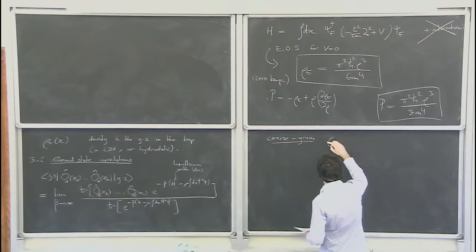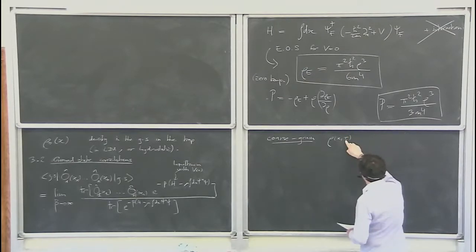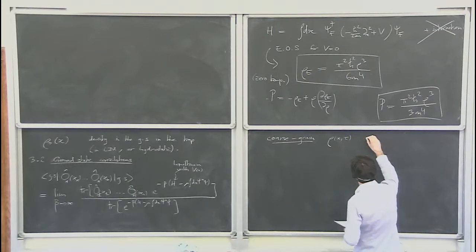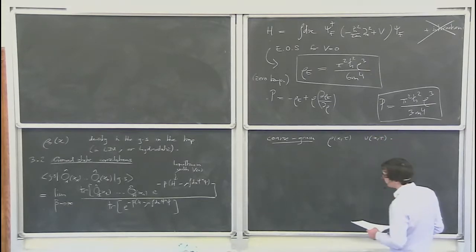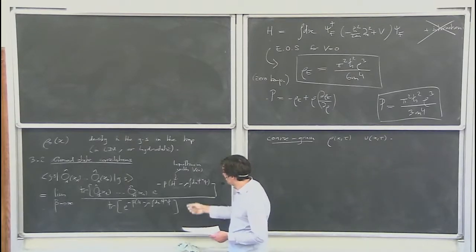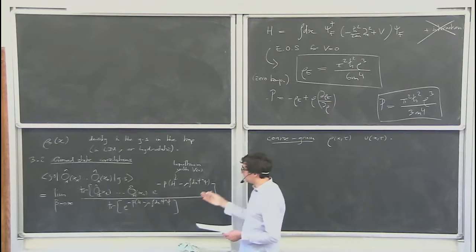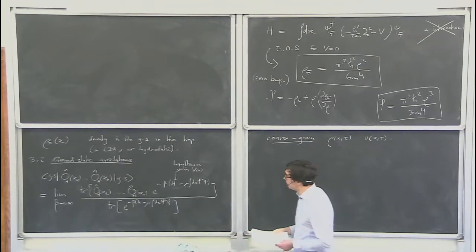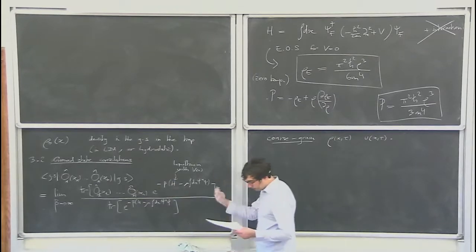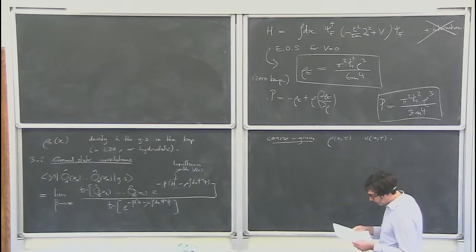So I want to go to continuous fields rho of x and tau, where tau will be the time or imaginary time, and u of x and tau. Why does imaginary time come in? It's because this exponential of something times a Hamiltonian looks a bit like an evolution operator, but there's no i there, so it's like an evolution operator in imaginary time.